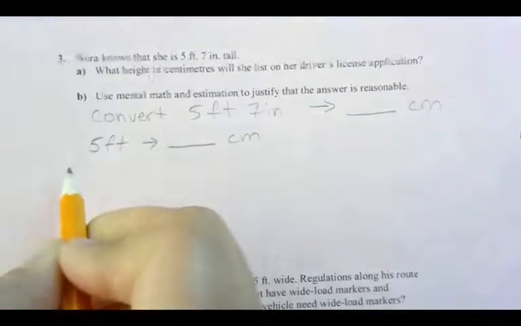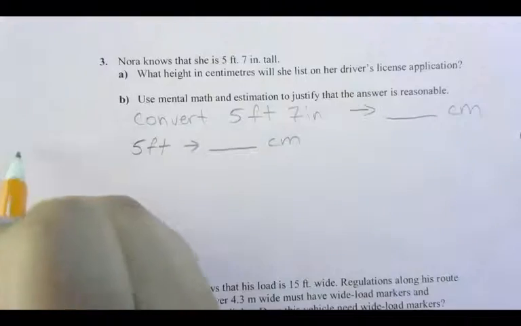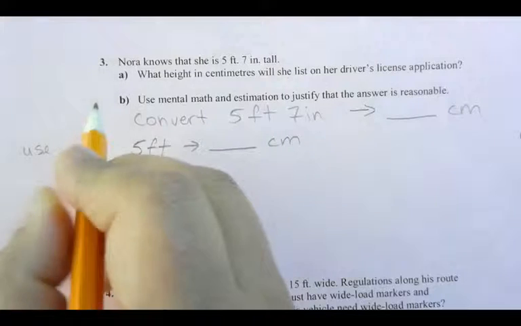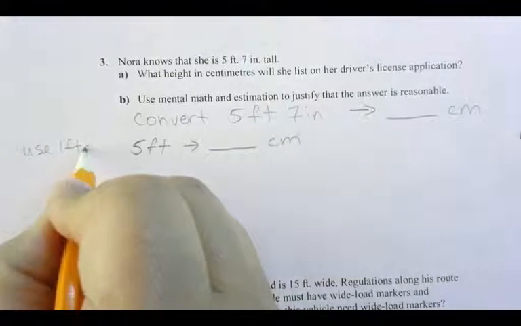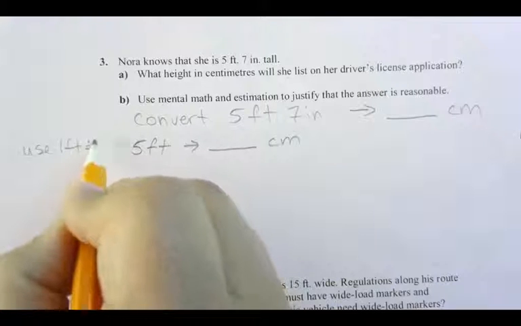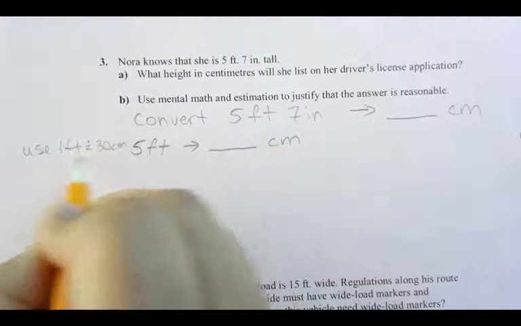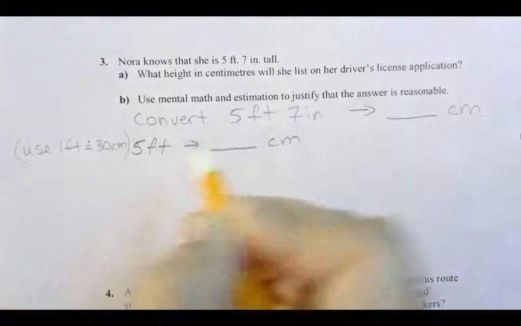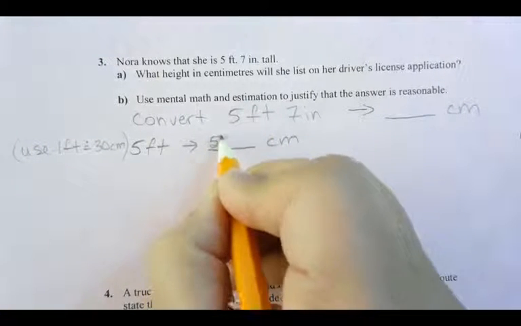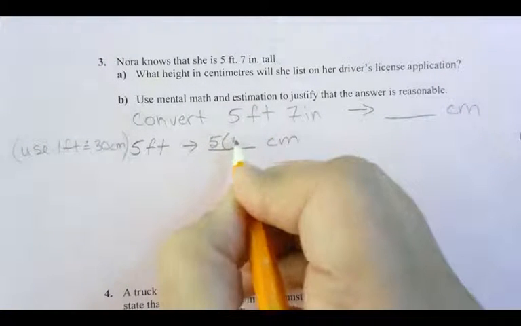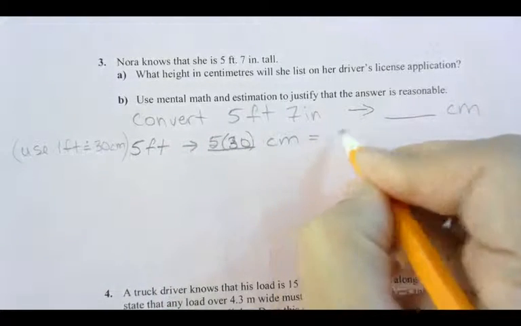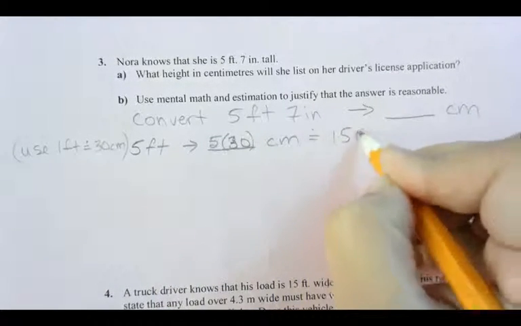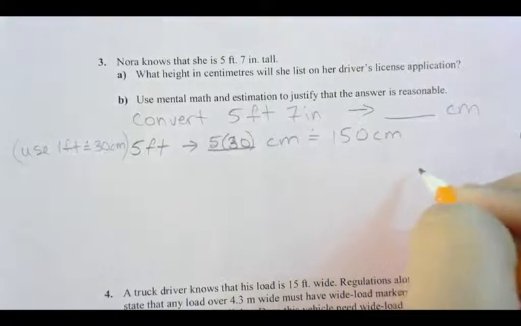What's the conversion we're going to use for this? So use 1 foot is approximately equal to 30 centimeters. Okay, so we're going to use that for this. So then how do we get the centimeters? 5 times 30. So that's equal to approximately 150 centimeters.